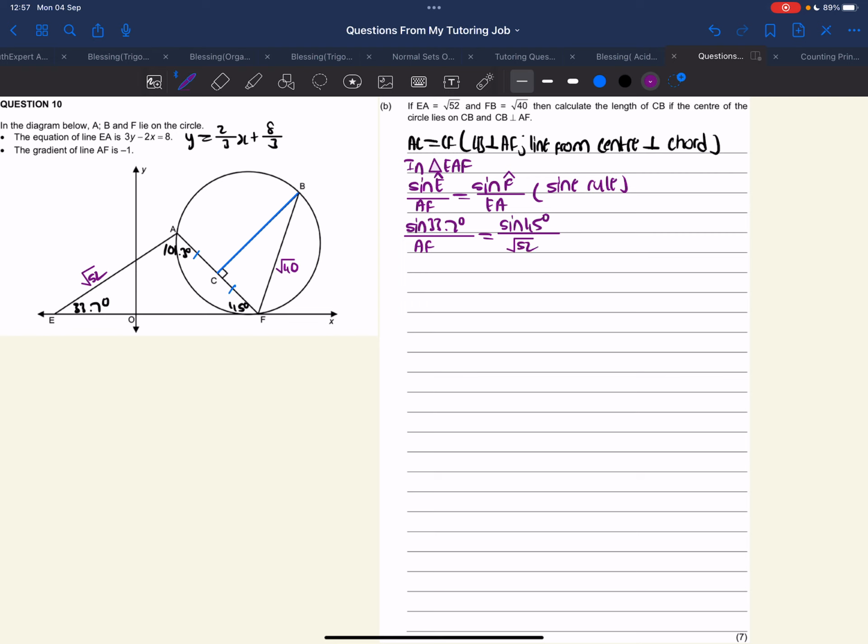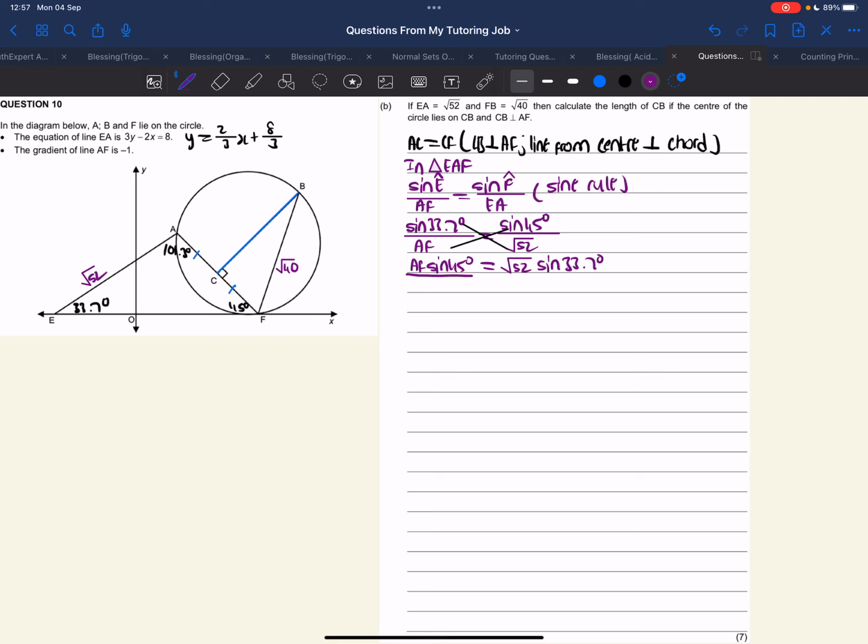Now we're just going to cross multiply. If you do that, you're going to have AF sine of 45 degrees equals square root 52 multiplied by sine 33.7 degrees.